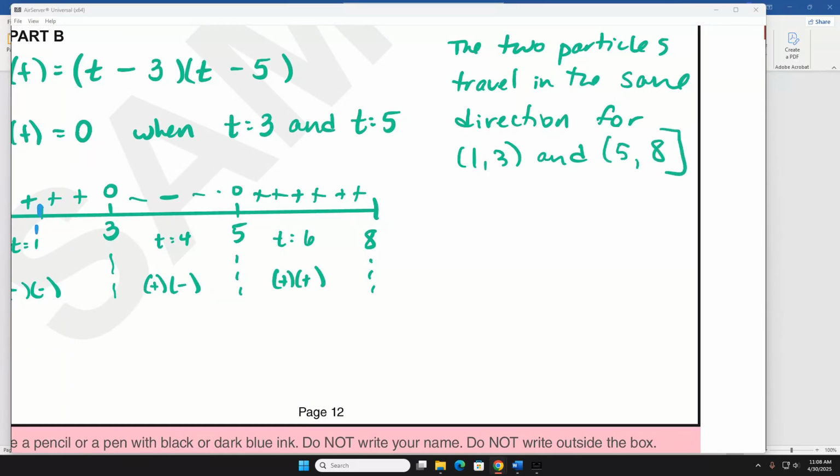Now we are not including 1, 3, or 5, because at that time, probably just one of the particles is not moving. But at 8, they're both moving to the right, because we do have positive velocity at 8 for both of them.